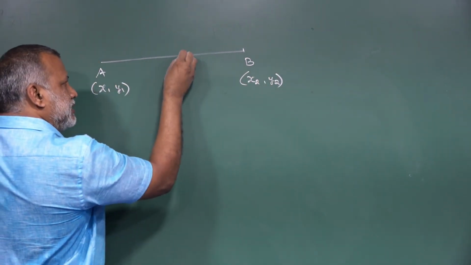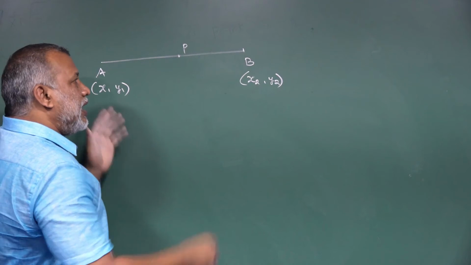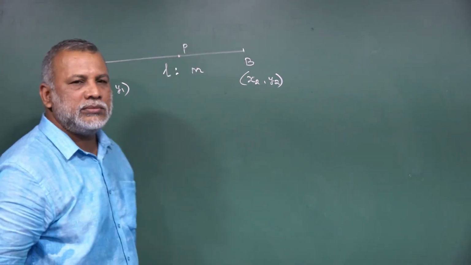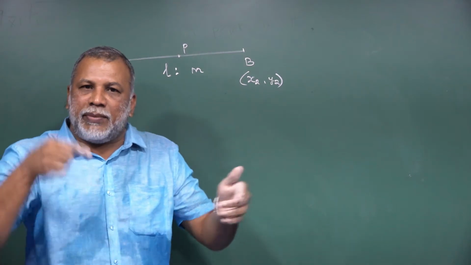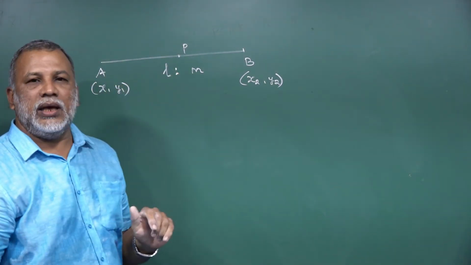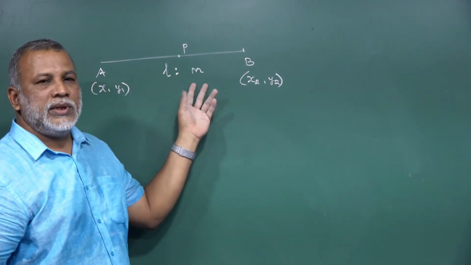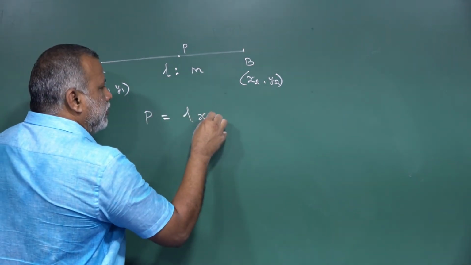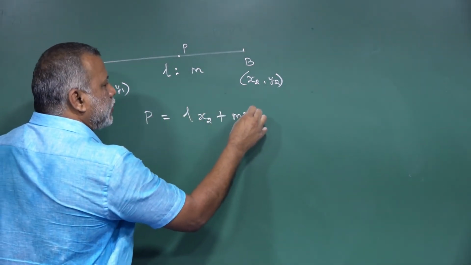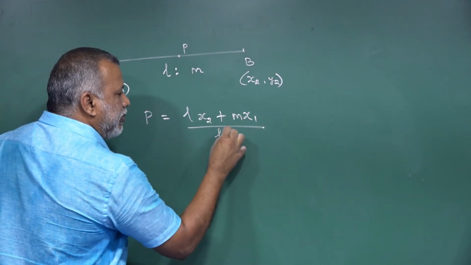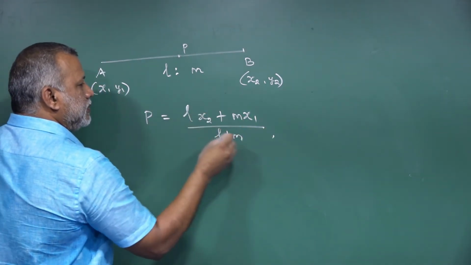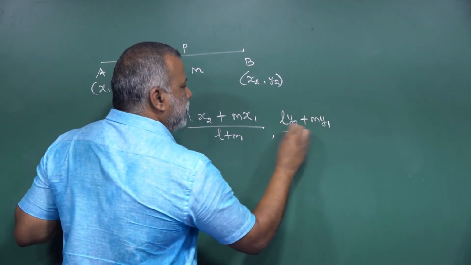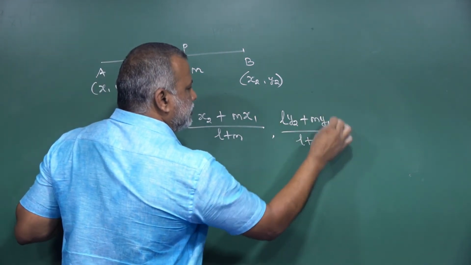I am selecting a point P which divides the line segment in the ratio L:m. So P divides the line segment AB internally in the ratio L:m. Now what is the point P here? Lx2 plus Mx1 divided by L plus M, comma, Ly2 plus My1 divided by L plus M.